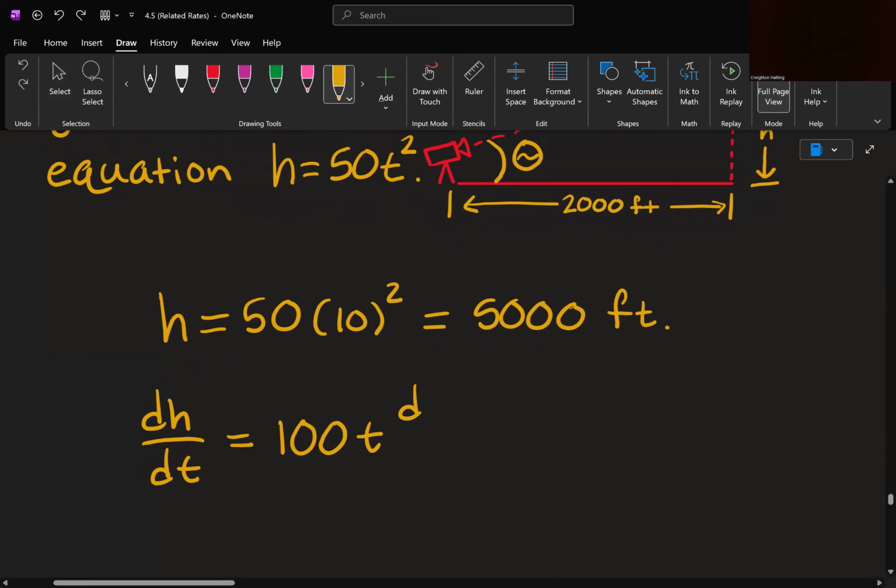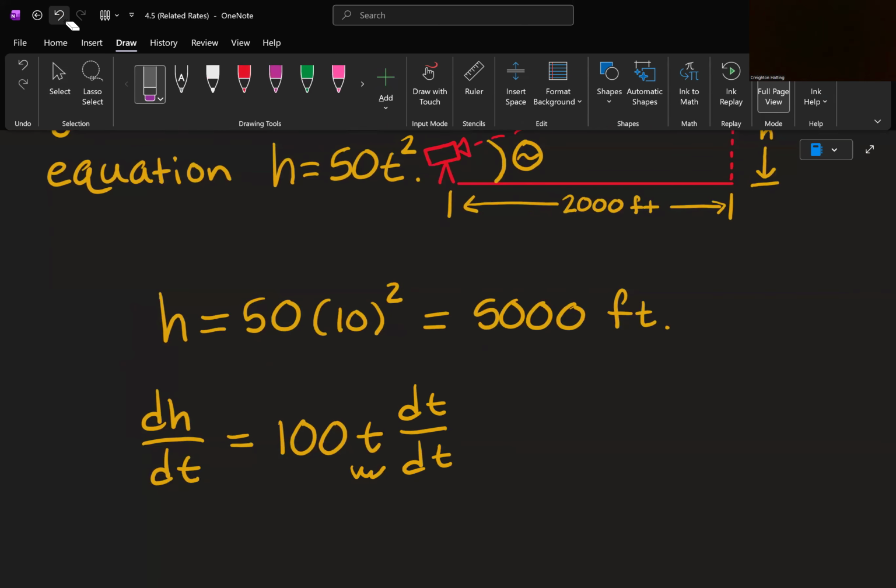So really, actually, I have dt/dt right now because remember, implicit differentiation, we are differentiating here for related rates with respect to time. But because this is the time variable, this dt/dt is actually just going to cancel out, kind of like our dx/dx situation when we used to do implicit differentiation just by itself.